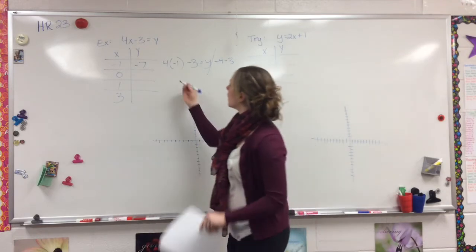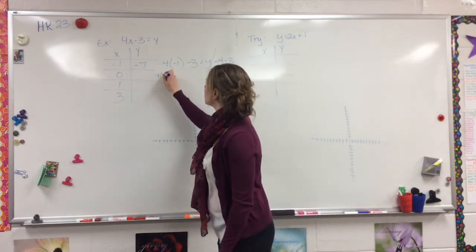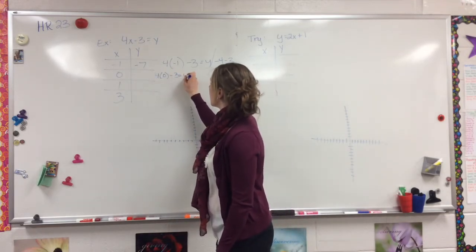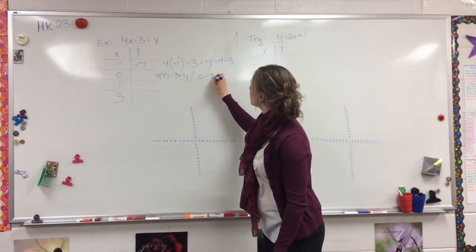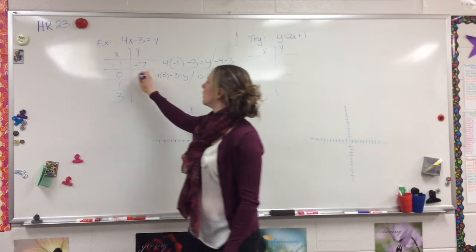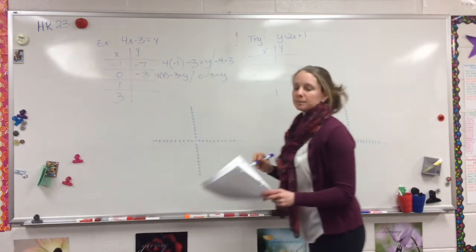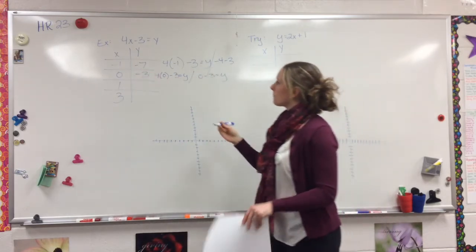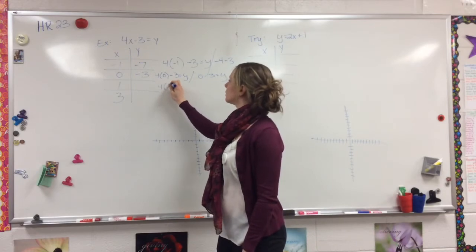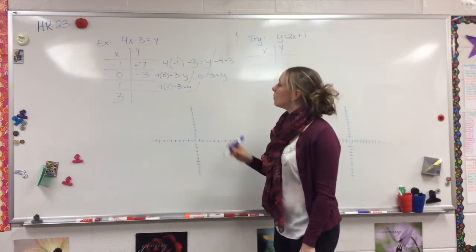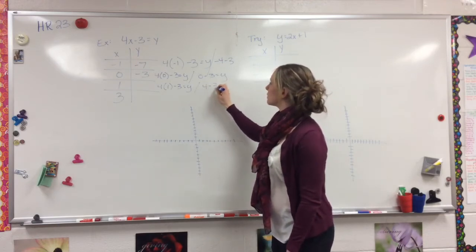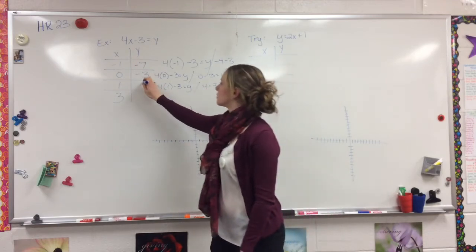For the second one, I would have 4 times 0, take away 3 equals my y. 4 times 0 is 0, minus 3 equals y, and I would get -3. 4 times 1 minus 3 equals y. That would be 4 minus 3, which is 1.